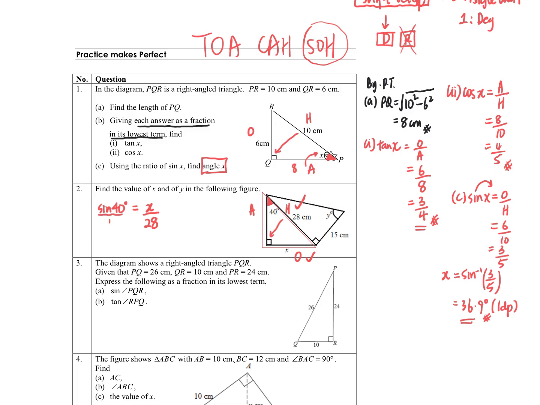Okay, cross multiply. Okay, 18.0. Length is 3 SF.